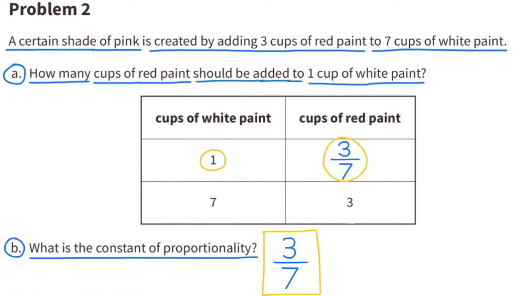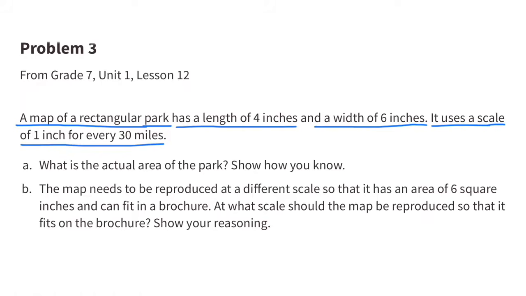Number 3. A map of a rectangular park has a length of 4 inches and a width of 6 inches. It uses a scale of 1 inch for every 30 miles. A. What is the actual area of the park? Show how you know.